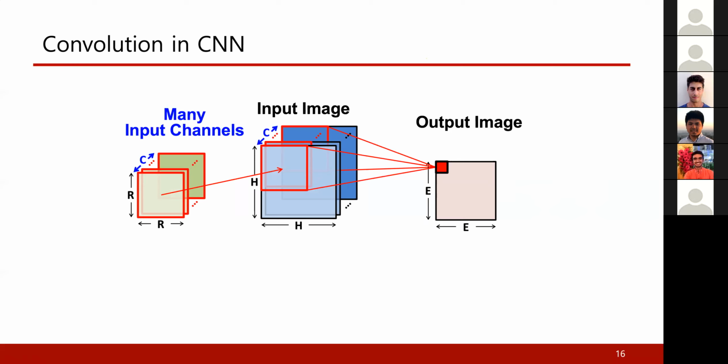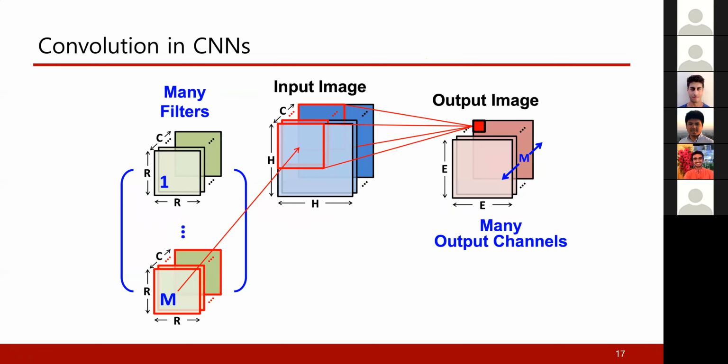And then we obviously have multiple filters. The output generated from each filter in a convolution results in one output feature map pixel, which contributes to its respective output feature map channel. So in a real scenario, when we have many filters, the output image also has many output channels generated.